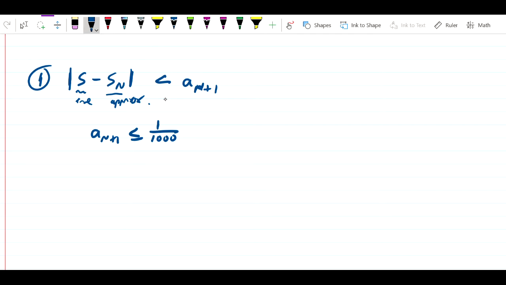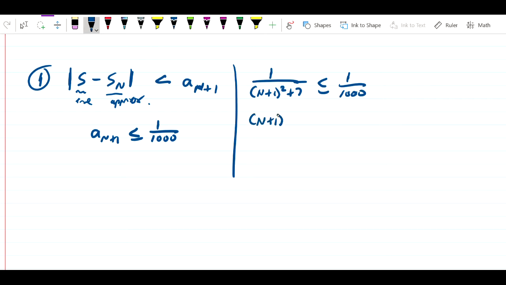So what I want to do is set up the equation: 1 over (n+1) squared plus 7 should be less than or equal to 1 over 1000. That means that (n+1) squared plus 7 should be greater than or equal to 1000, because inequalities work that way. We now say (n+1) squared is greater than or equal to 993, subtracting 7 from each side of that inequality.